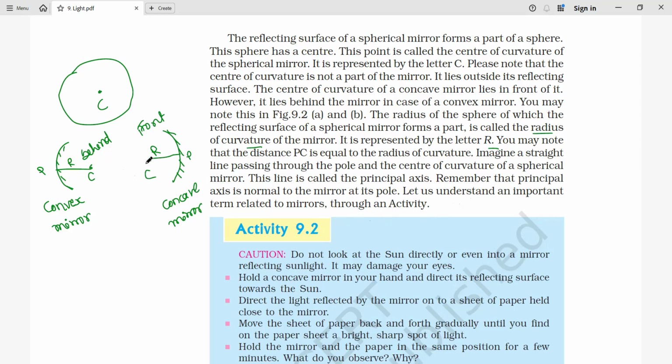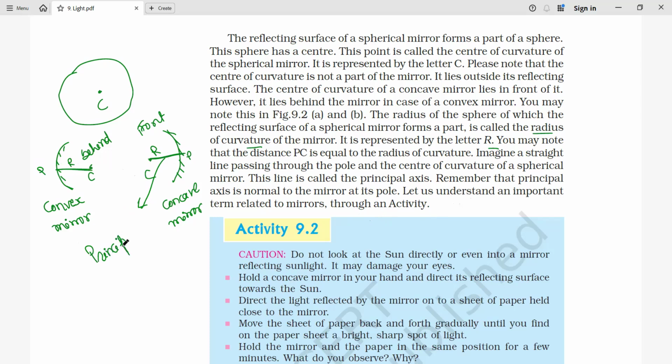Now if you join the line from the center of curvature to the pole, that is also called the principal axis.